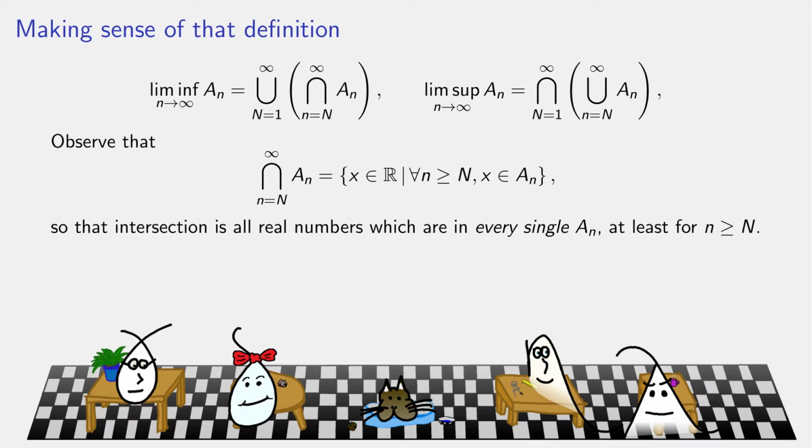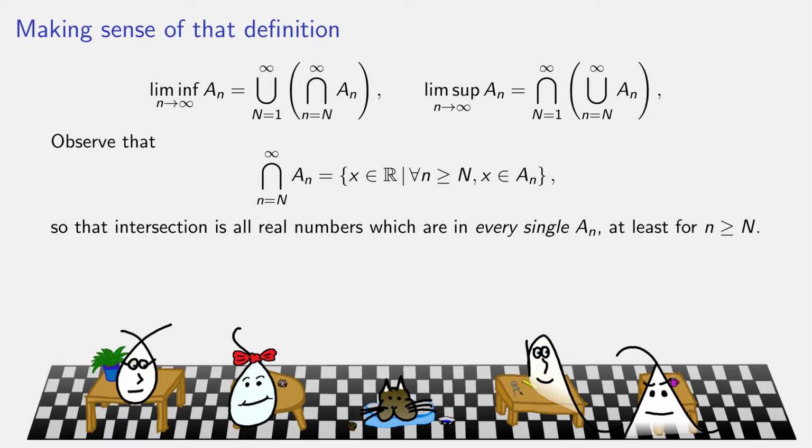So to be in this intersection, you have to be in every single a sub n, beginning at index capital N and going on forever. But then that's a very restrictive condition, right? You have to be in every single a sub n past a certain point. But we then union over all of them.